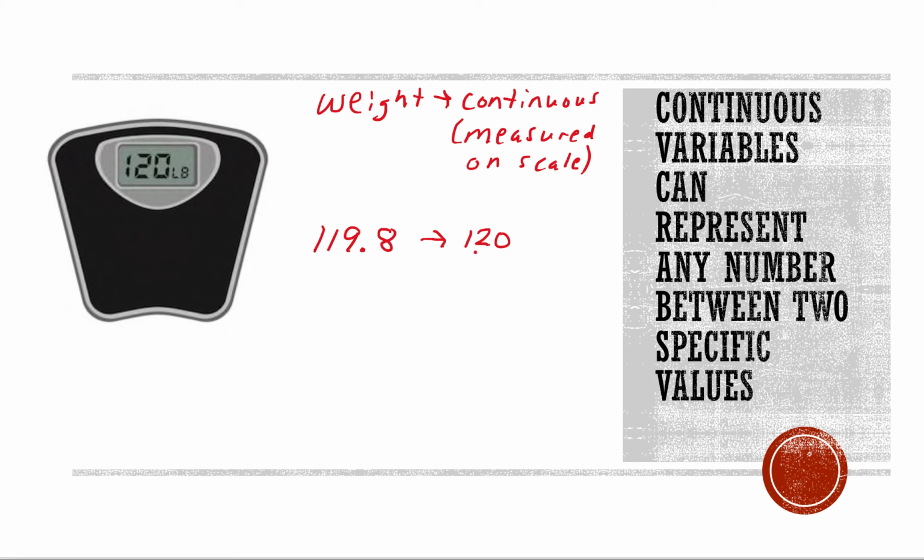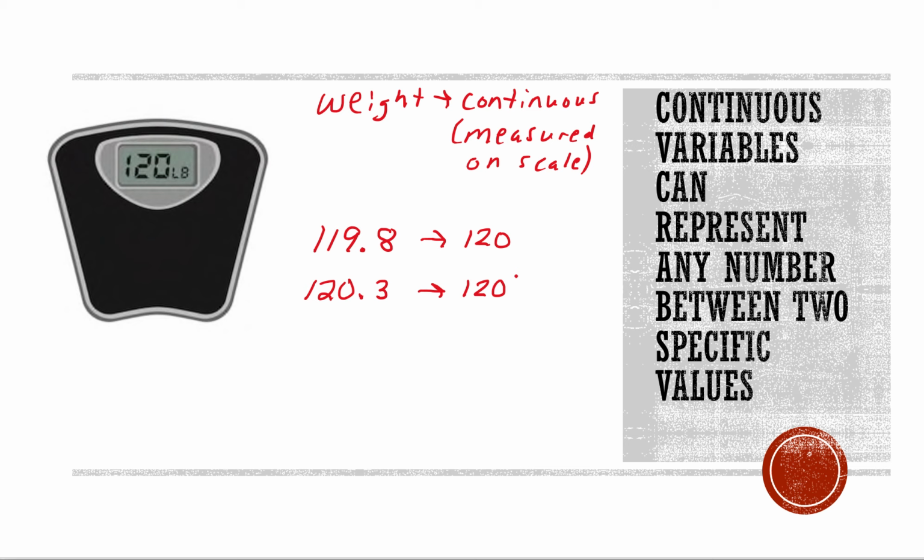What if the person weighed a little bit more, say 120.3 was the actual weight? When they step on the scale with no decimals, the scale is going to bump us back down to 120. So the person might actually weigh a little bit less or a little bit more than 120, and the scale is going to do a little rounding.